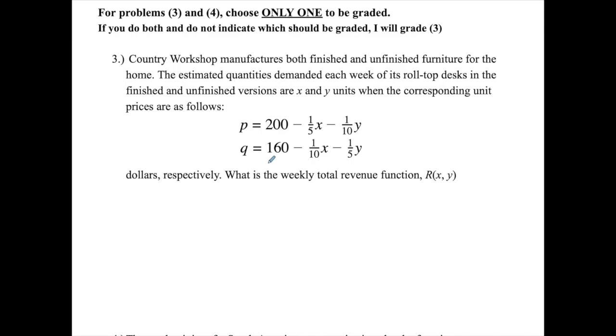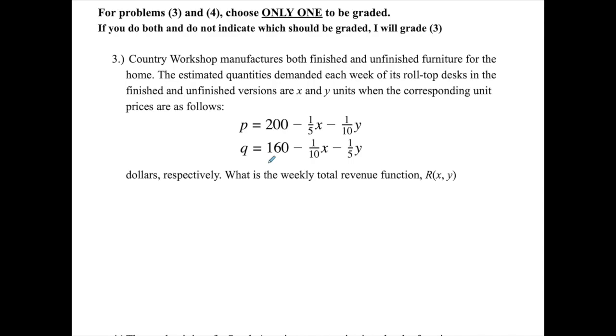The idea is that you have a company that sells a couple of different products, but the products compete with each other. If I buy a finished roll-top desk, I no longer need an unfinished one. So as I purchase one, the demand for the other goes down. This function models that.